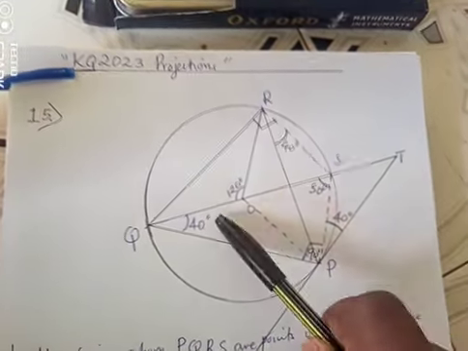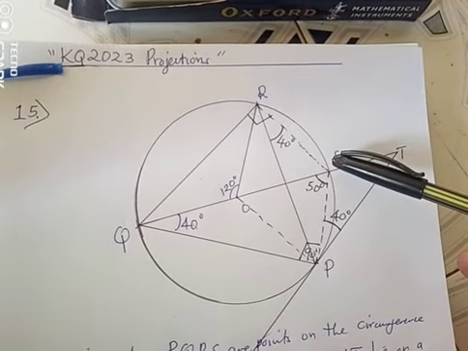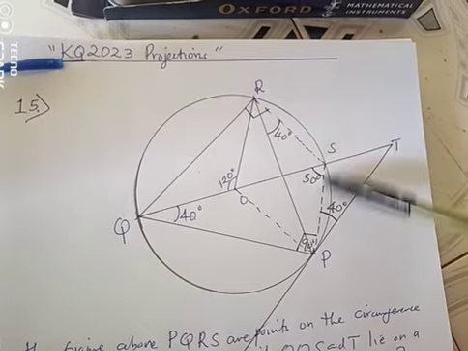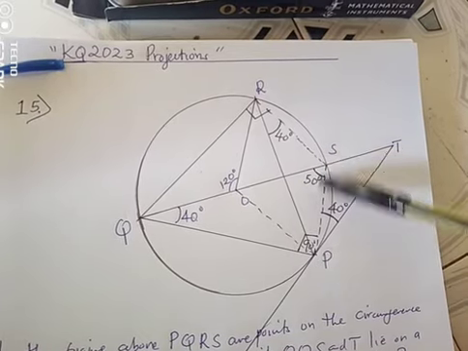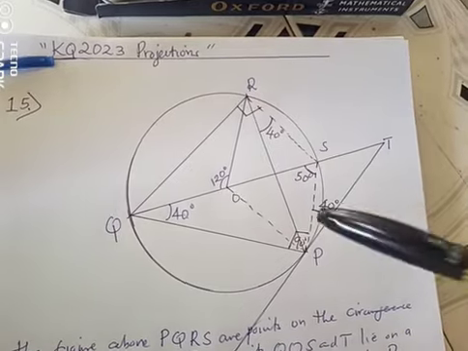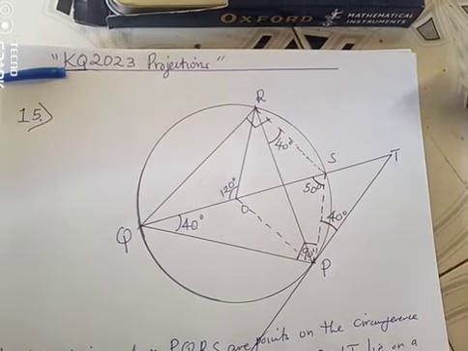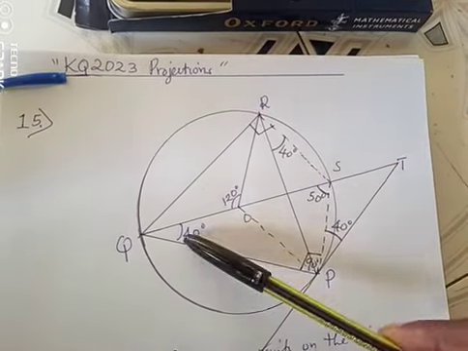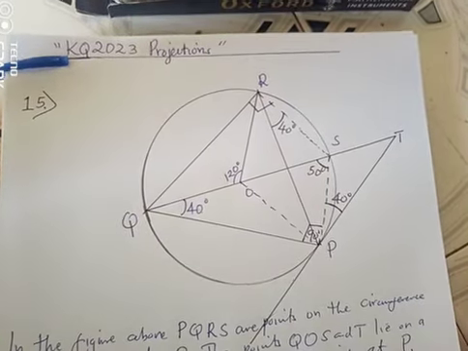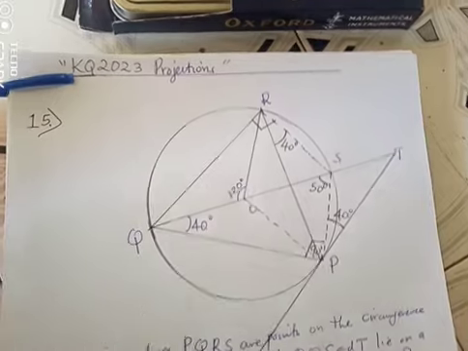Still, we can get the two 40s by considering chord SP subtending an angle on the circumference. Angles subtended by the same chord on the circumference are always the same. So that aspect can also give us the 40 and the 40.